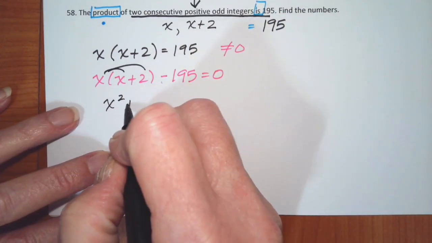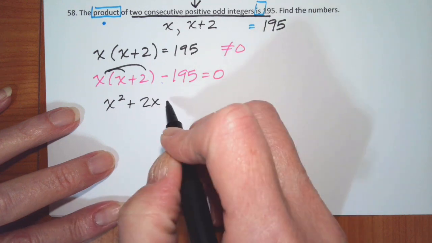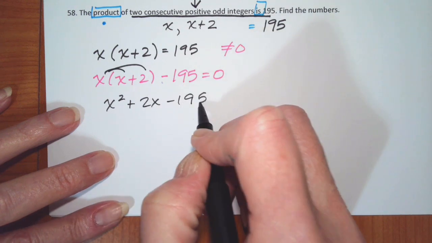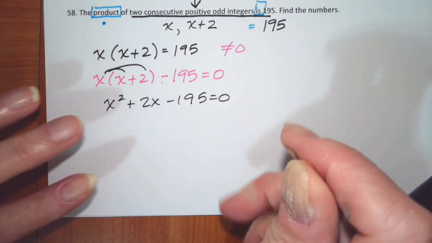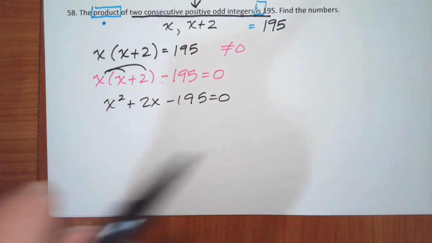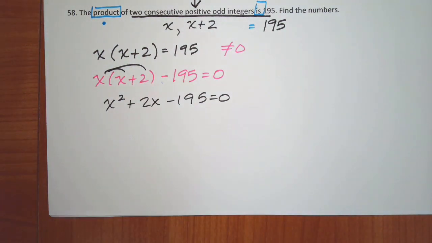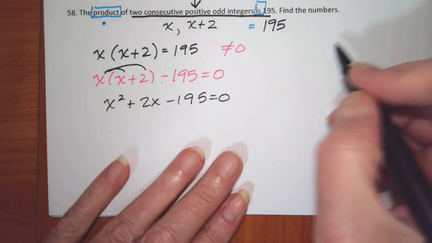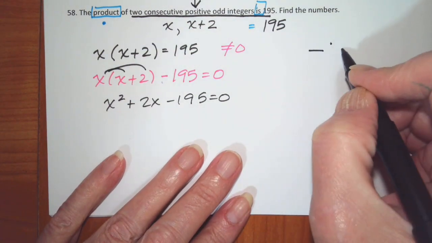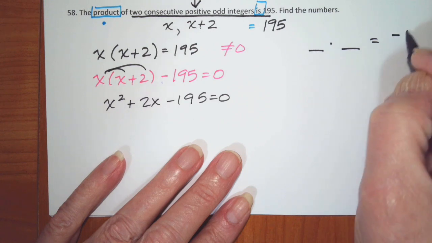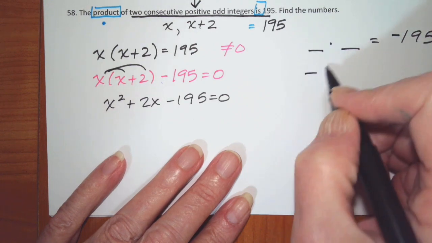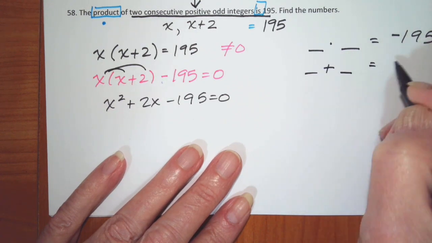So x squared plus 2x minus 195 is equal to 0. Okay, so now I need to find two numbers whose product is negative 195 and whose sum is 2.